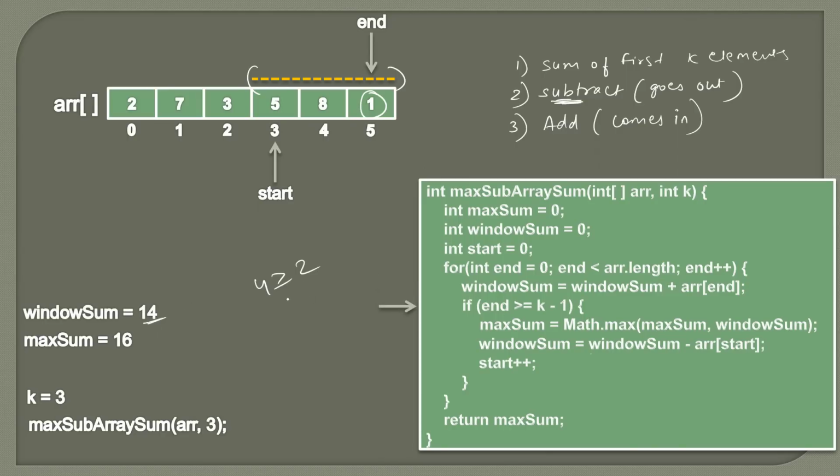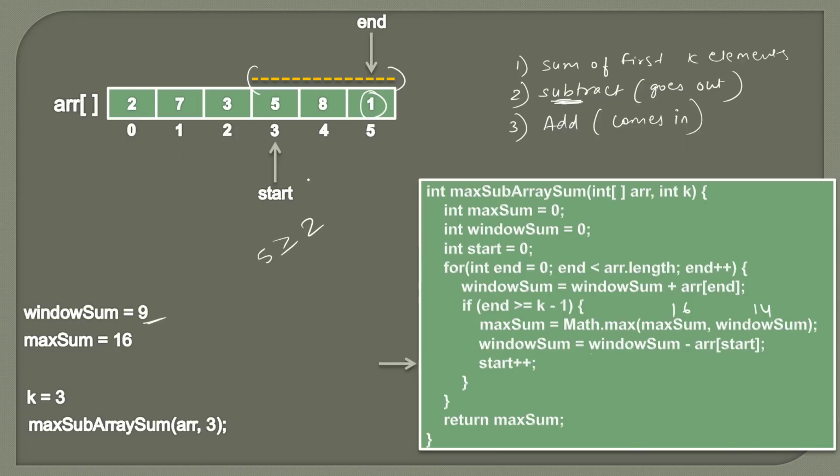This condition is true because the value of end, which is 5, is greater than or equal to 2. Now our max sum is 16 and window sum is 14. We already have the maximum value in max sum, so max sum will remain 16 because 14 is less than max sum. For the next sliding window, we remove 5 from the sum, so it becomes 9.